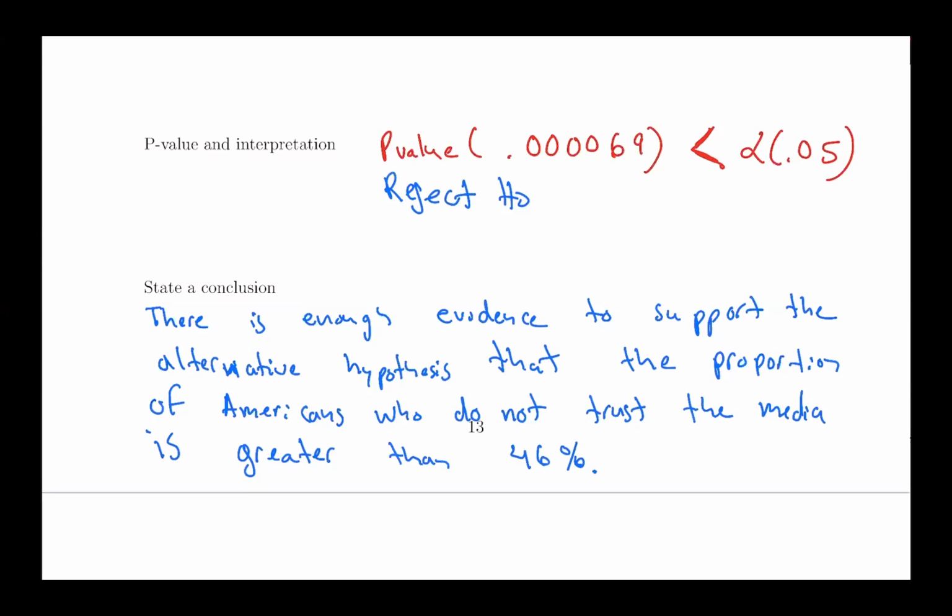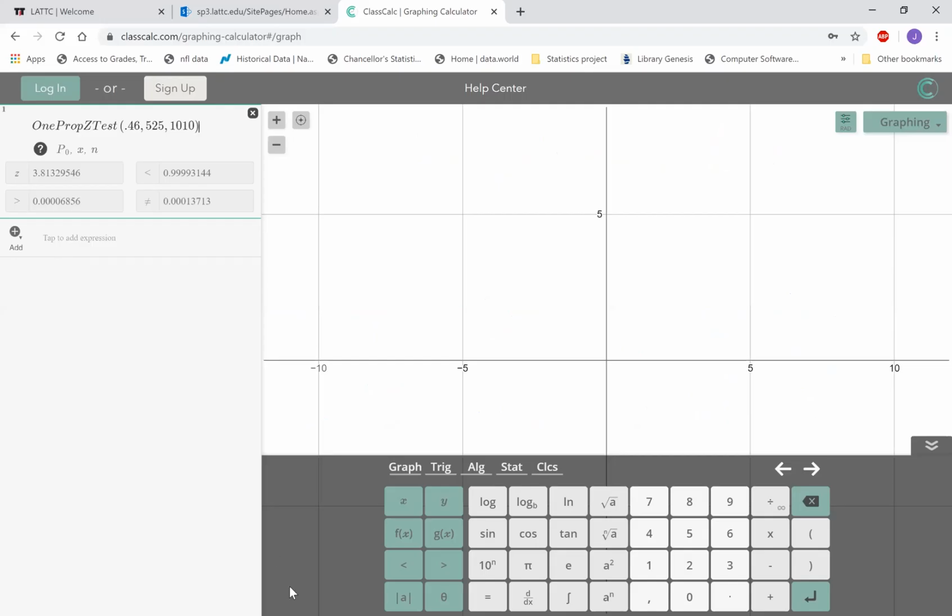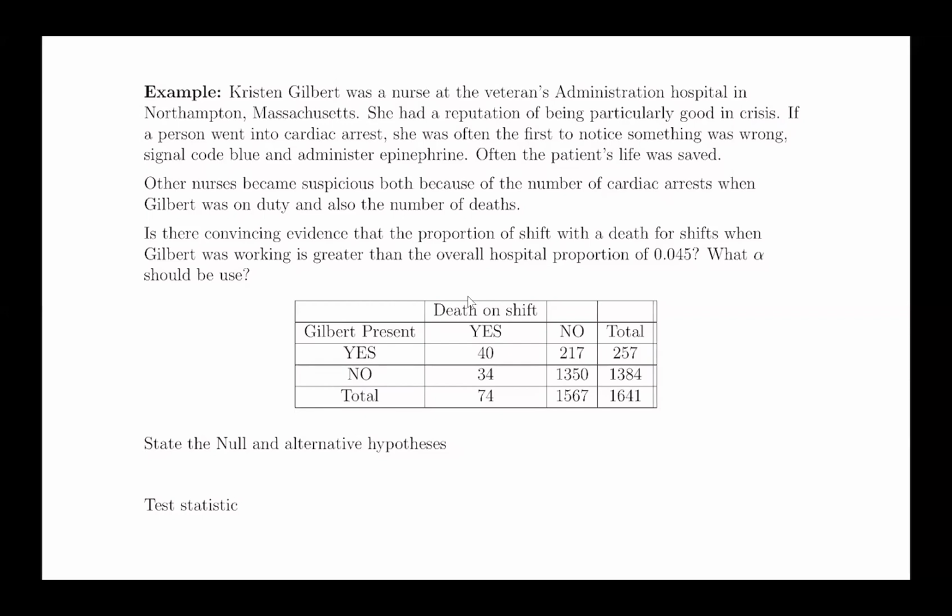All right. So this next problem is actually a real problem. For this one, read the problem, and I want you to think about what type of alpha value we should use, because for this one, I'm leaving the alpha up to you. For alpha, the bigger the alpha, the less evidence you want.